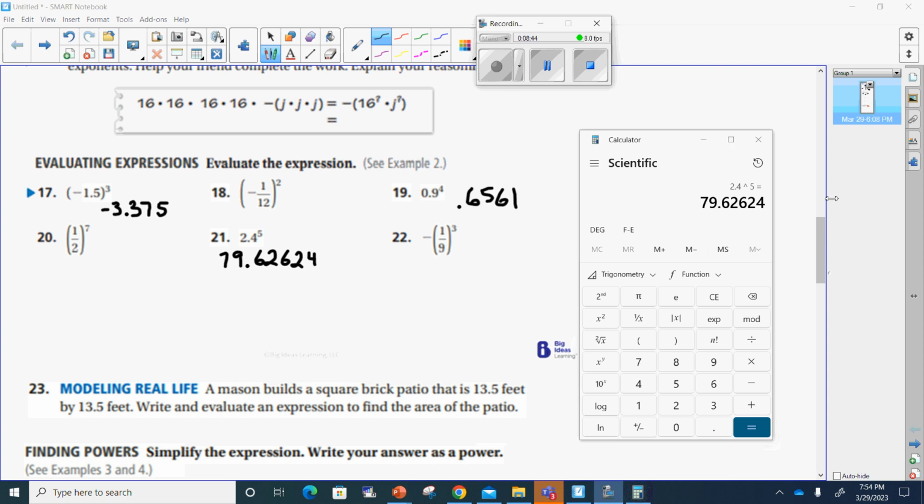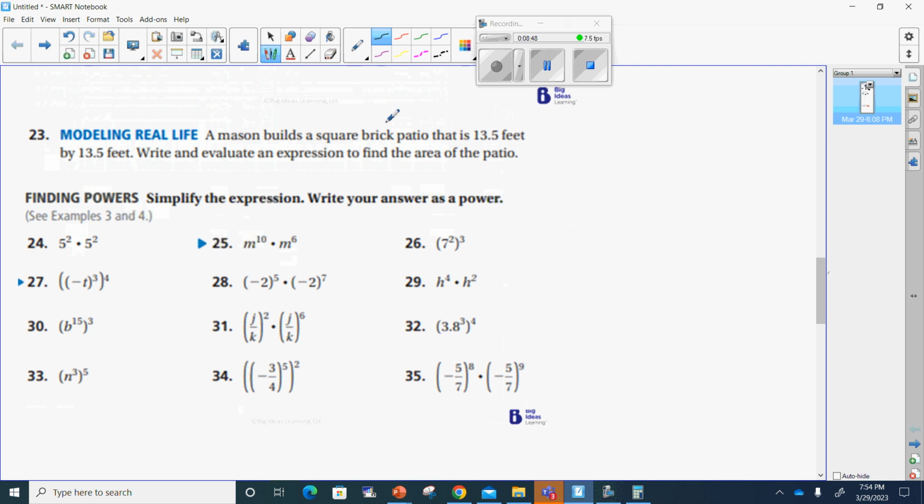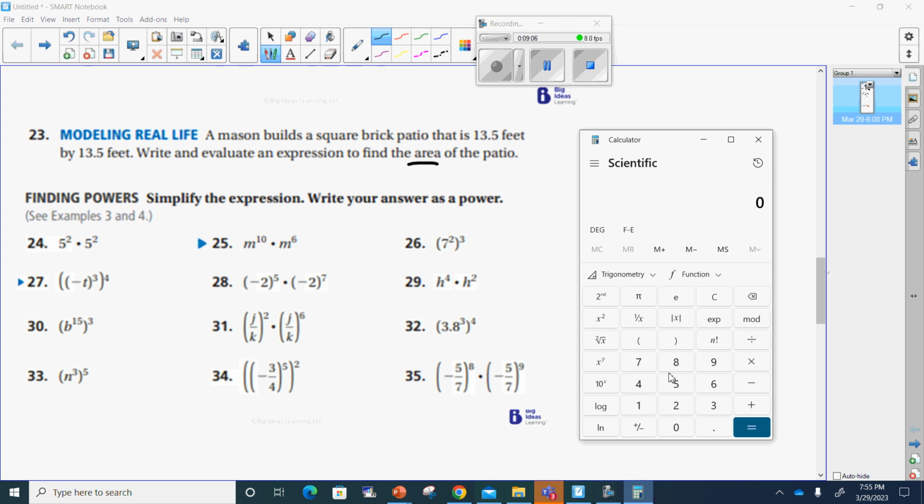All right. 23 says a mason builds a square brick patio. So square is the shape we're looking at. That means all sides are the same. That is 13.5 feet by 13.5 feet. Write and evaluate the expression to find the area. The area is length times width. So that's a pretty easy one to do. This is really 13.5 to the second power.